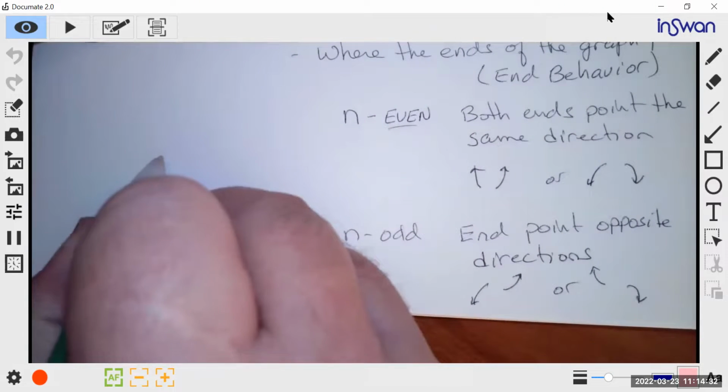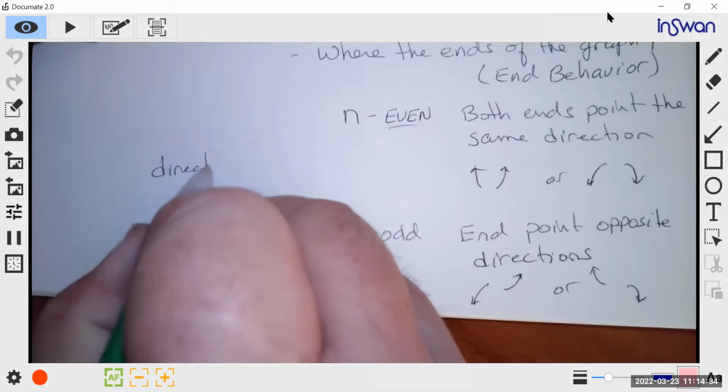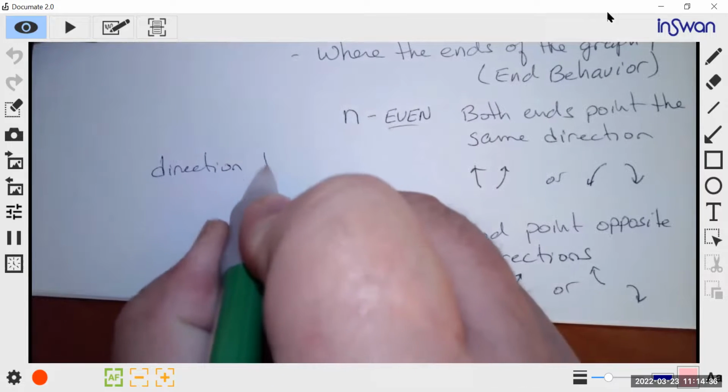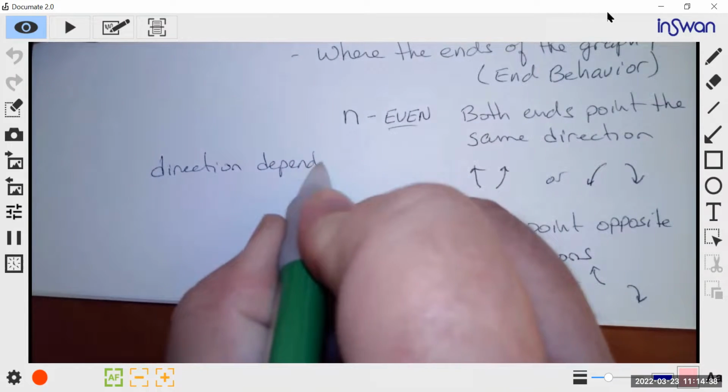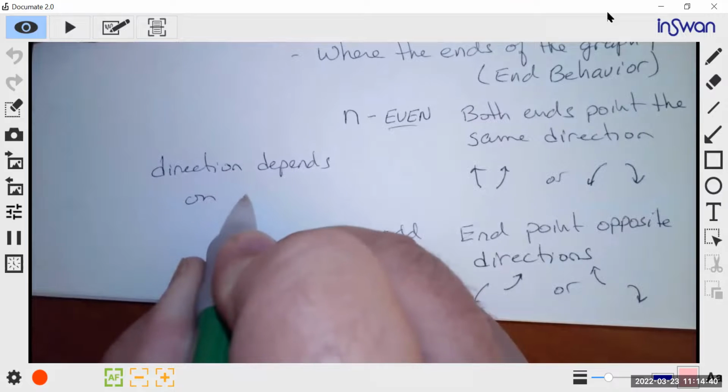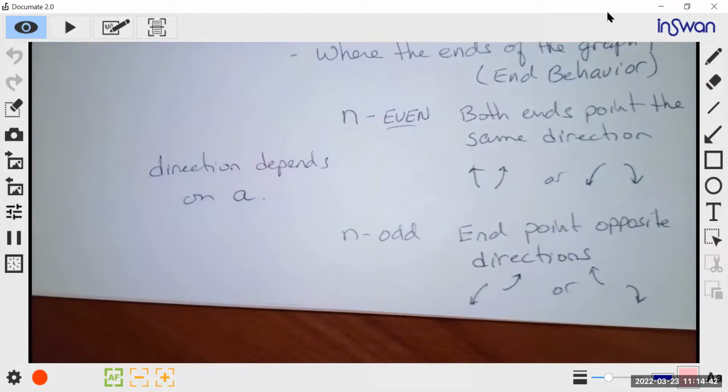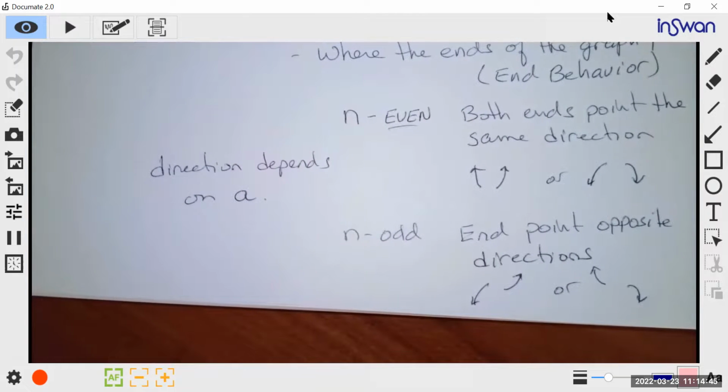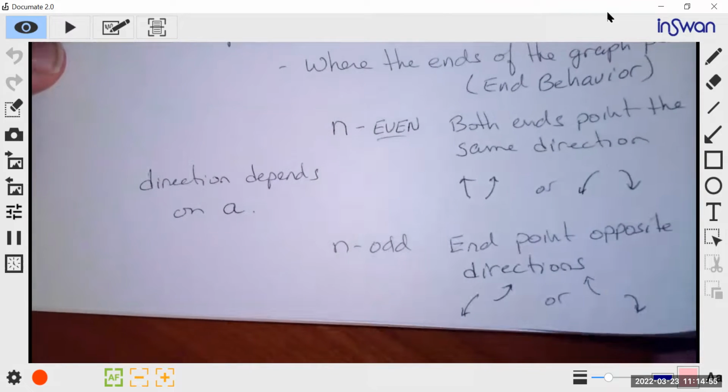The direction depends on A. So let's look at, I'll make a little chart here for y'all.